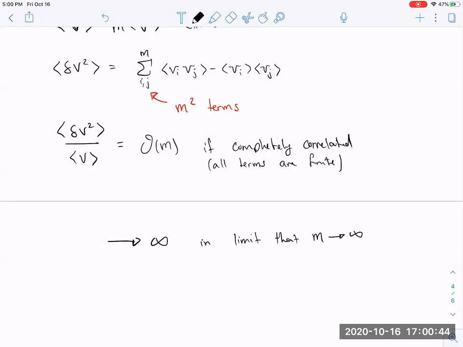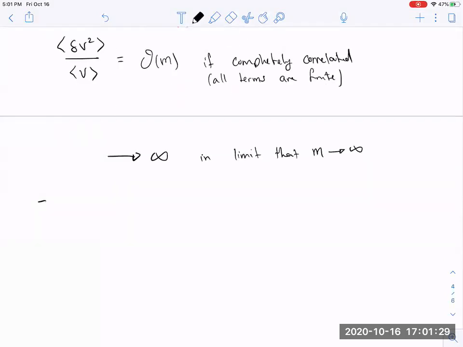So what have we just shown? We noted earlier that the compressibility, how the volume changes with respect to pressure, is proportional to the volume fluctuations over the average volume. If I have correlations over the full size of my system, such that I keep all M squared terms in the equation for the variance of the volume, and I take the number of those terms to be infinity, such that I have an infinitely sized system, I indeed will find that those fluctuations grow unbounded.